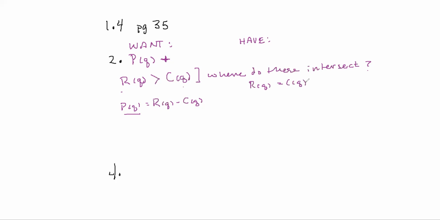And so any revenue or any Q, any quantity produced larger than the point where revenue is equal to cost, will be generating a profit. So I'm going to look at this graph, and I think that's maybe 325. Let's call that 325. So this occurs at Q is equal to 325.